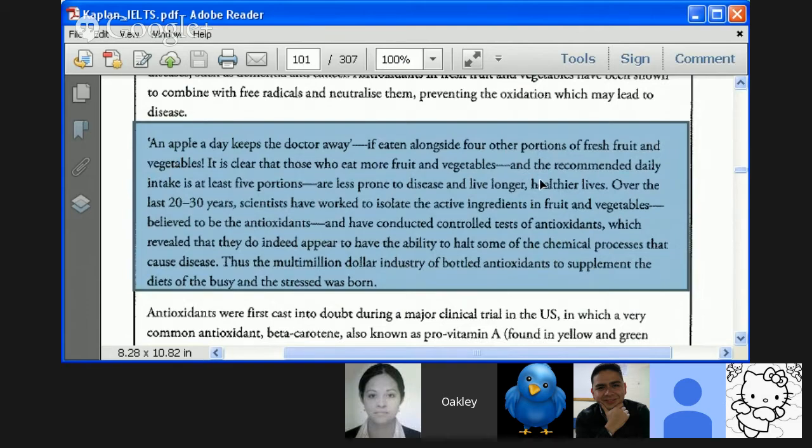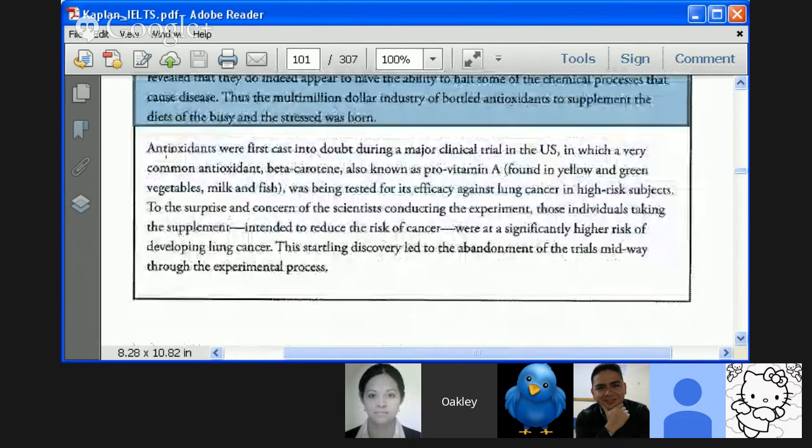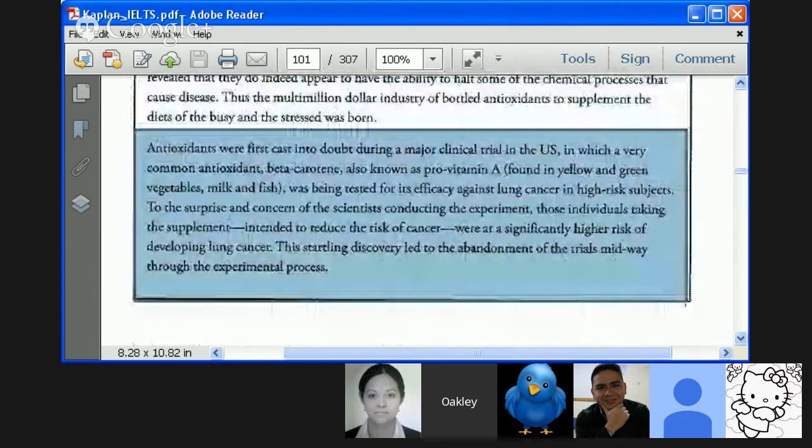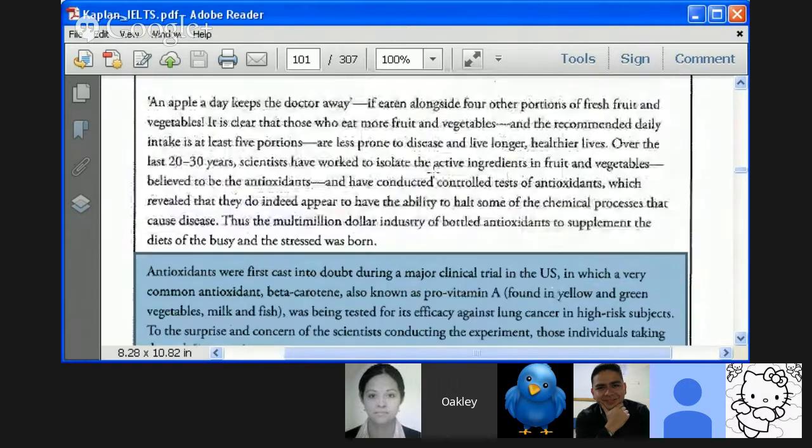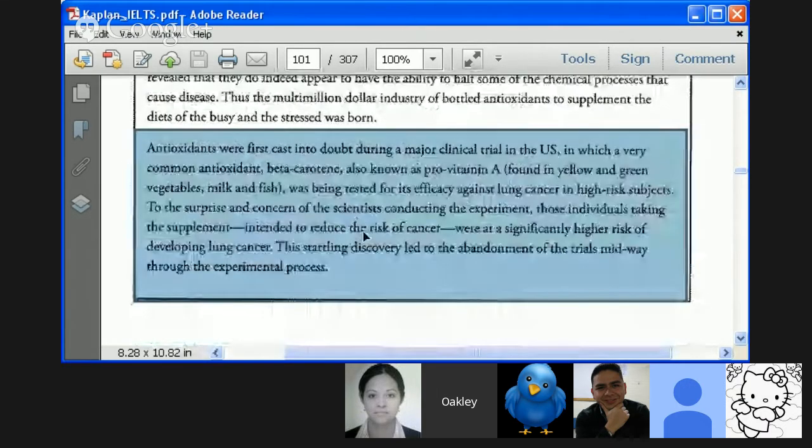There's nothing really important in that paragraph. All I'm doing right now is very quickly mapping paragraphs. I've got an introduction of what antioxidants are, then talking about the birth of the industry. Just trying to get an idea where to look for things.